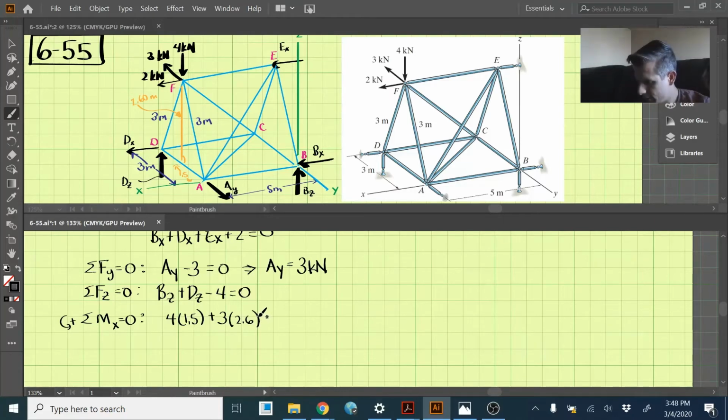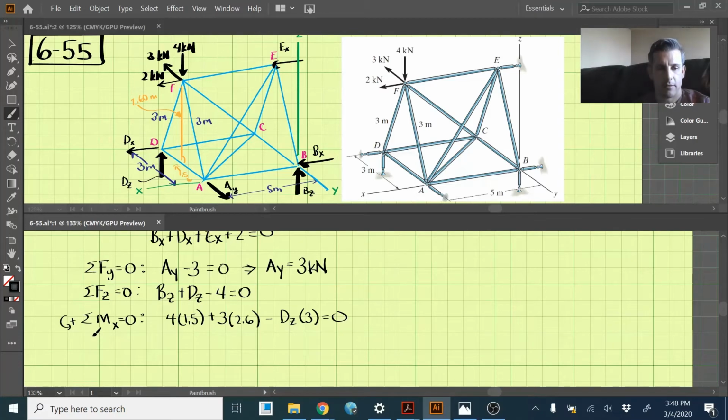And we also have the Dz force, which creates a clockwise moment, so that's negative. The distance Dz is acting away is the full length of this, which is 3 meters, and that is equal to 0.